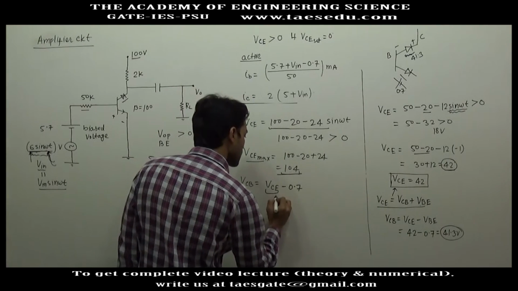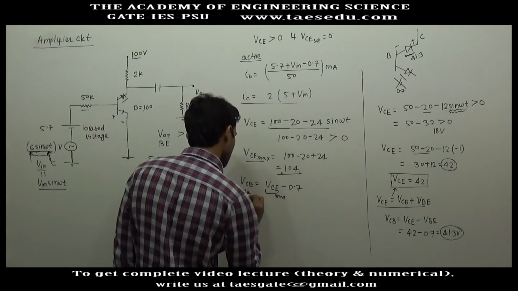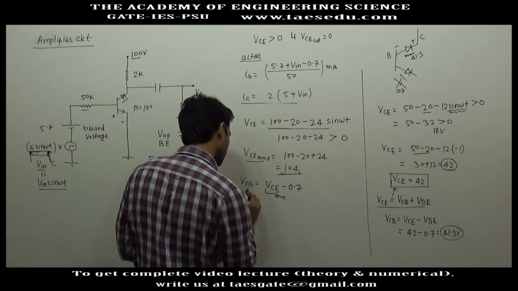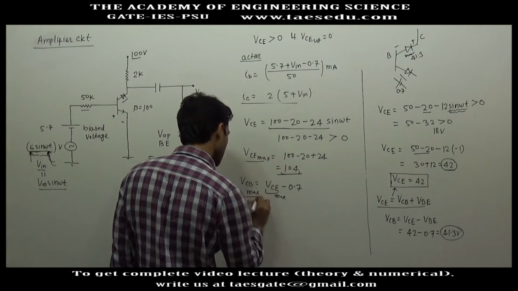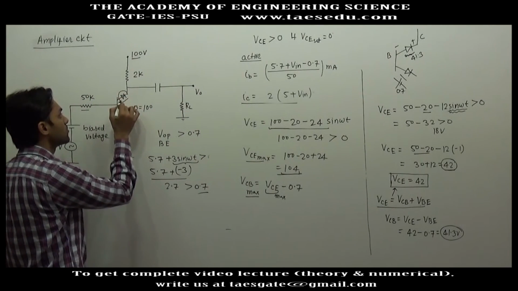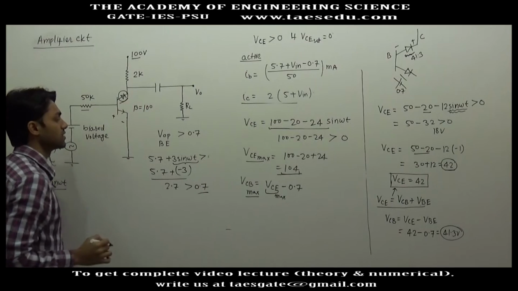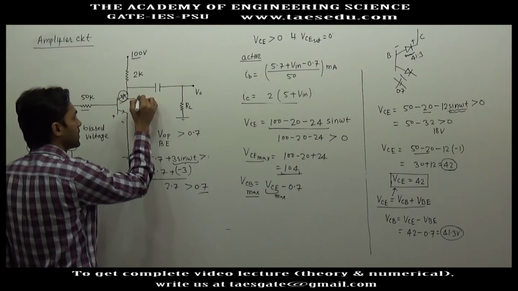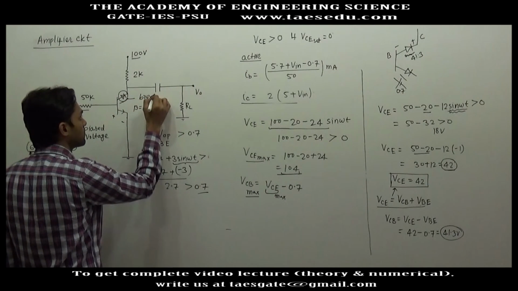So if VCE max is increasing, VCB max will also increase. So the maximum reverse bias voltage across this is increasing, and this may break down at some point.